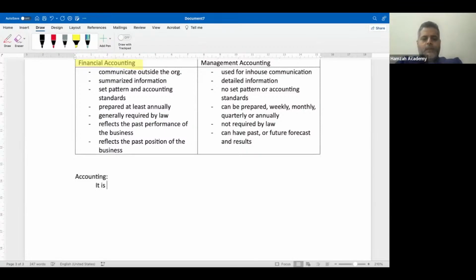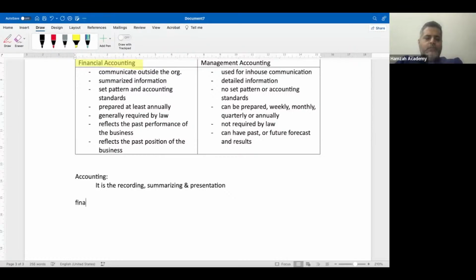accounting. Accounting is the recording, summarizing, and presentation.